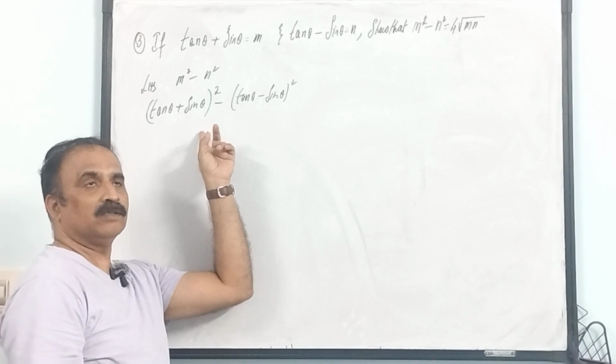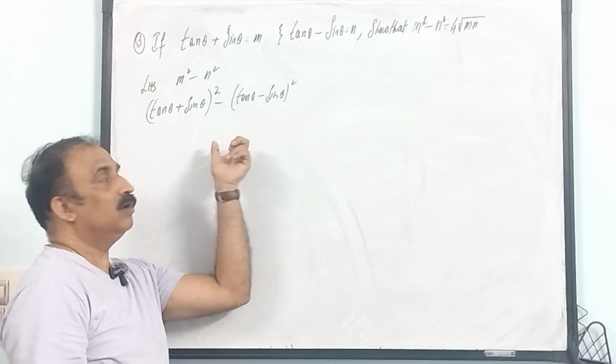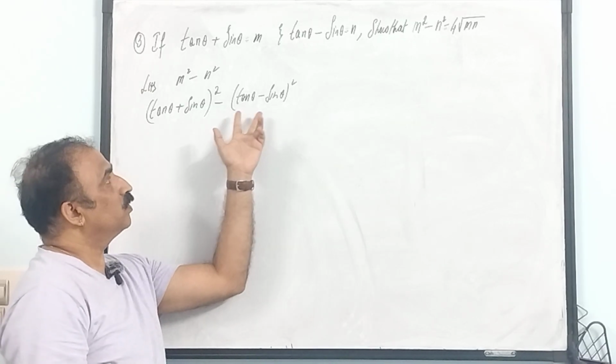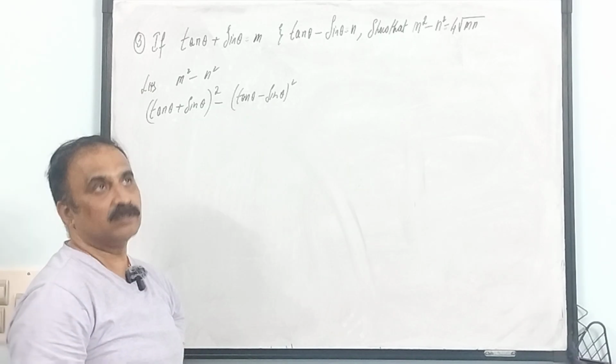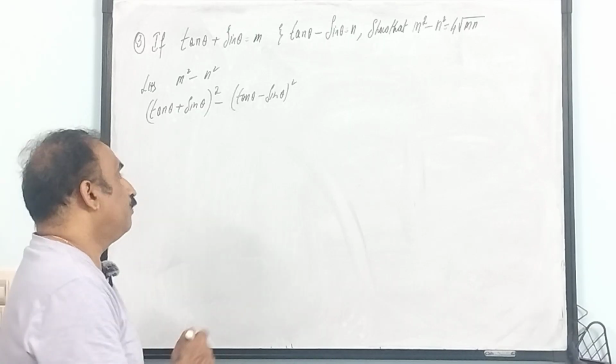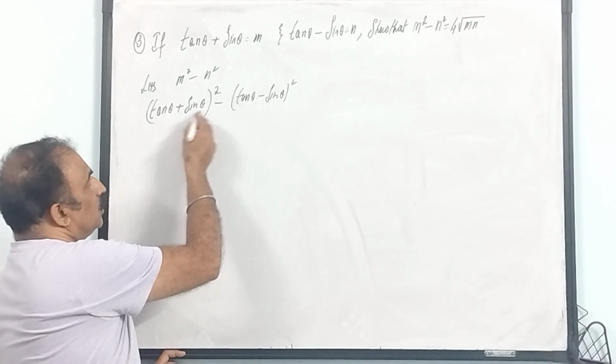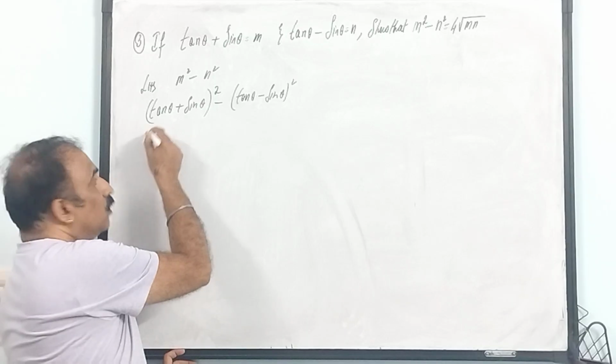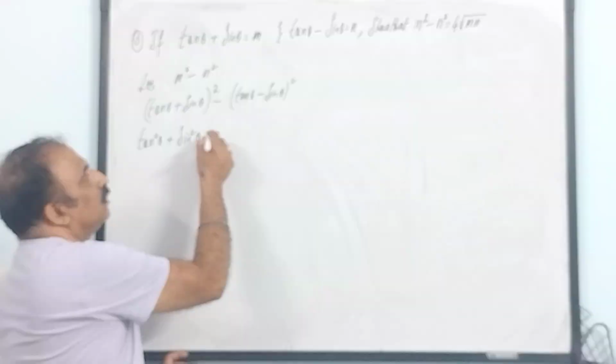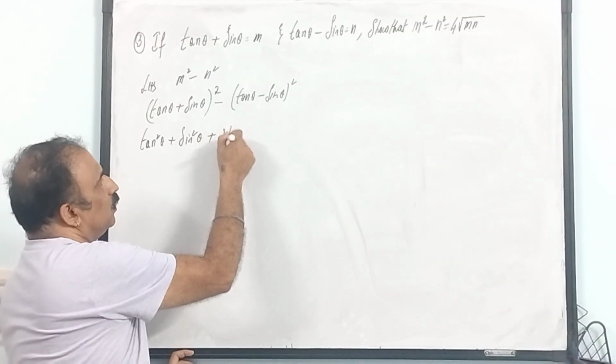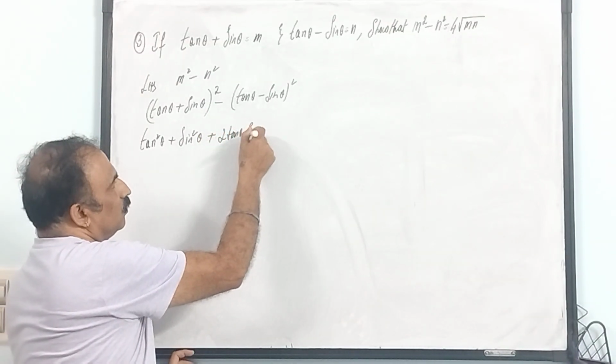Either you apply a square minus b square, or you can apply a plus b whole square and a minus b whole square formula for this. Now if I apply a plus b whole square, then this is going to be tan square theta plus sine square theta plus 2ab, 2 tan theta into sine theta.